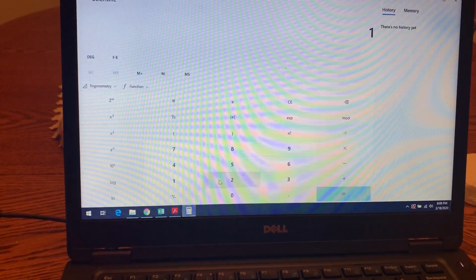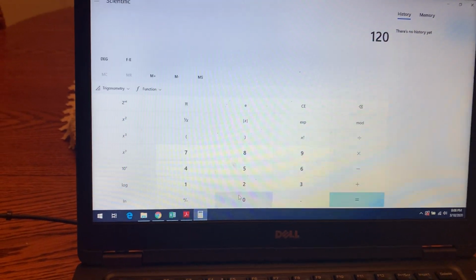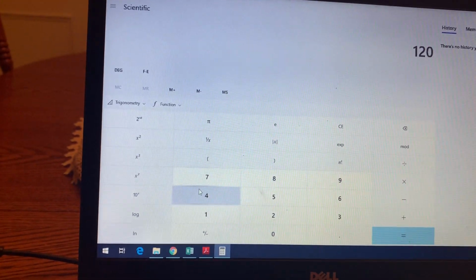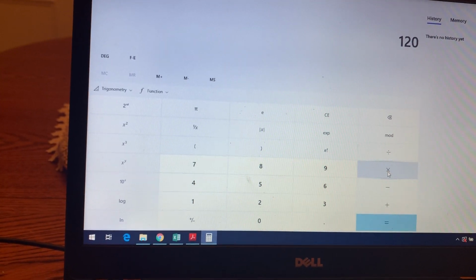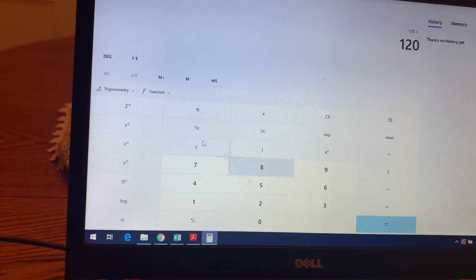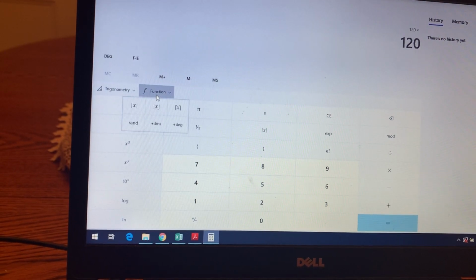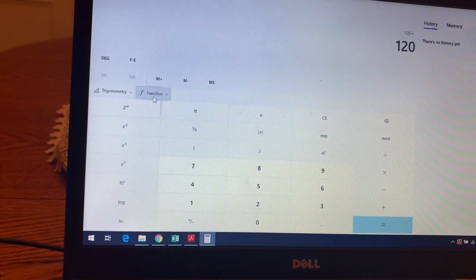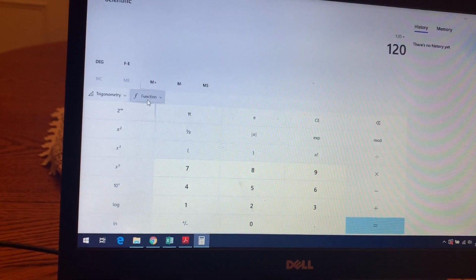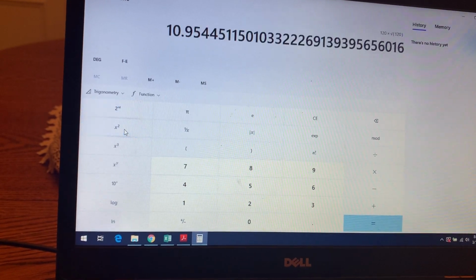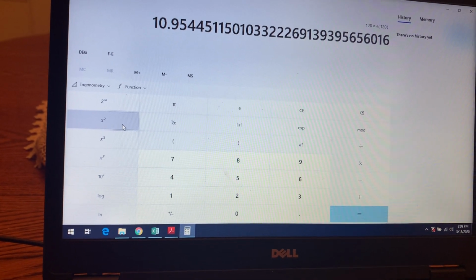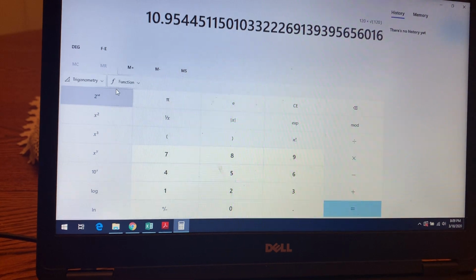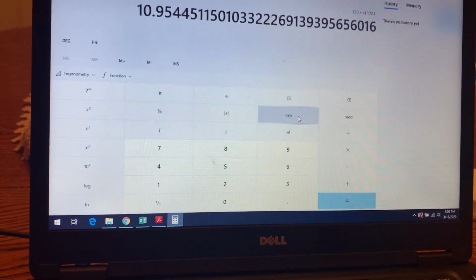Okay, so 120 times that second function. There we go. I did 120 times the square root of 120. All right, let me back up. Let me clear that.